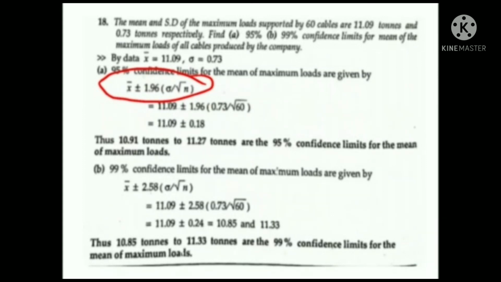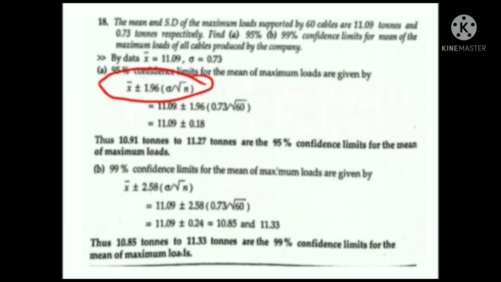So we substitute the x bar value, that is 11.09 plus minus 1.96 as it is, and the sigma value is given in the question, 0.73 divided by root n. What is n here? N is the number of cables, given as 60. So substituting all the values and simplifying, we get the confidence limits at the 95% significance level.